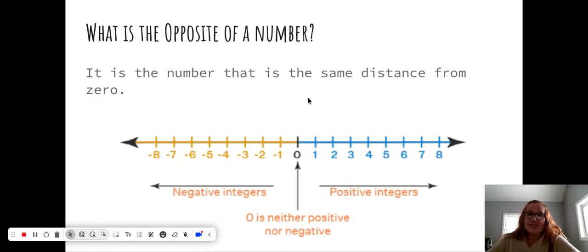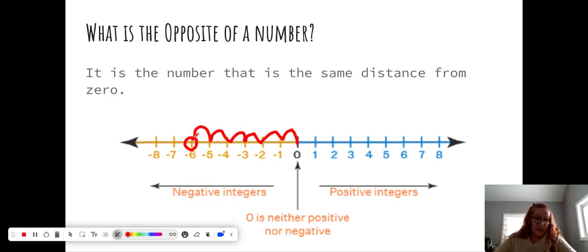All right. So what is the opposite of a number? Well, the opposite of a number is a number that is the same distance from 0. So if I were to say, okay, let me grab my drawing tool here. Let's look at -6. -6 is 1, 2, 3, 4, 5, 6 jumps from 0, right?